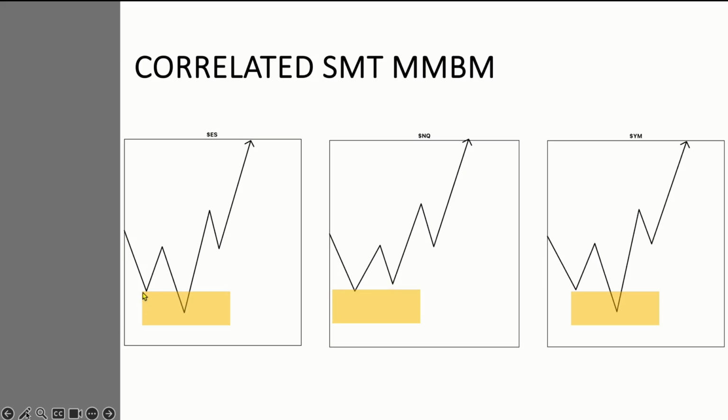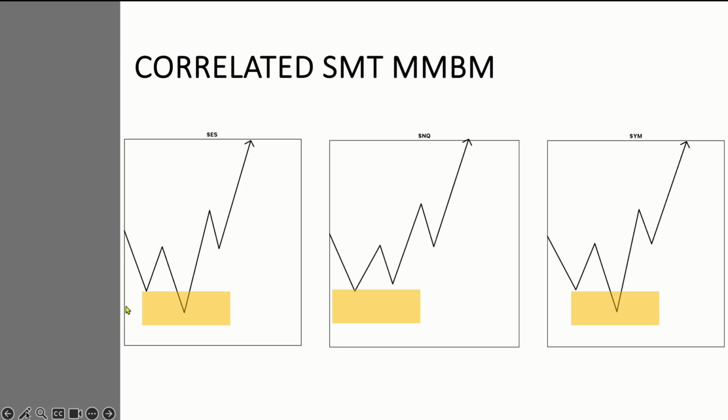And this SMT is so crucial because it's a confirmation of a smart money reversal occurring at your point of interest during your time of interest. And every single reversal will have this. And you might be thinking, how could every single reversal have this SMT?